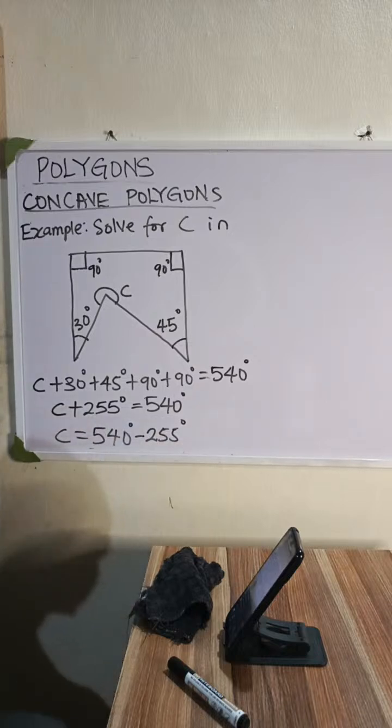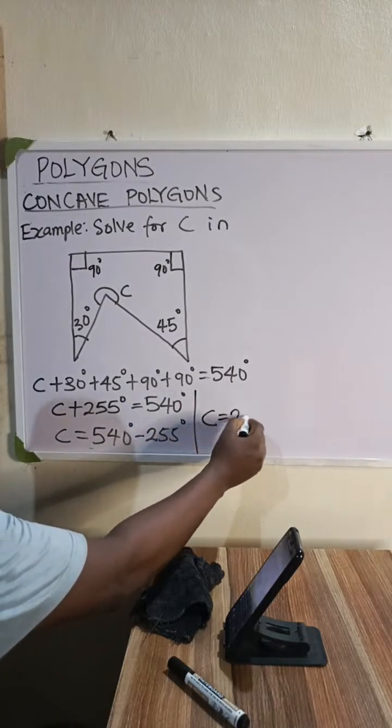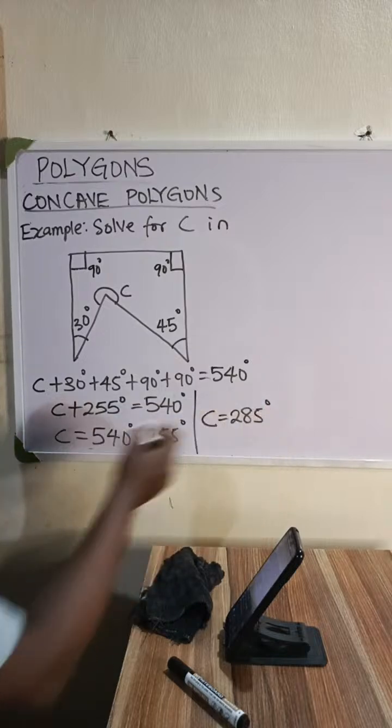So 540 minus 255, that should give us 285 degrees. So our value of C is equal to 285 degrees.